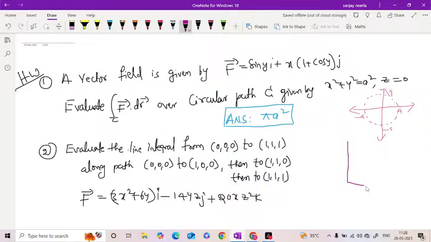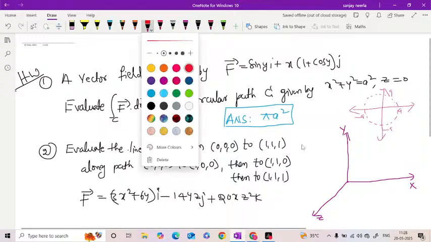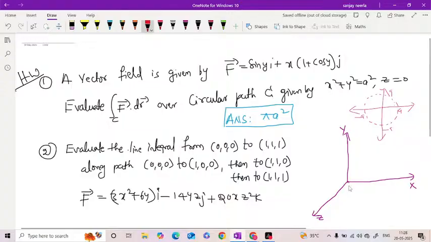Assume this is the y-axis, this is the x-axis, and this is the z-axis. Now I will draw the diagram. Assume this point is 0 0 0, and this one is 1 and 1.